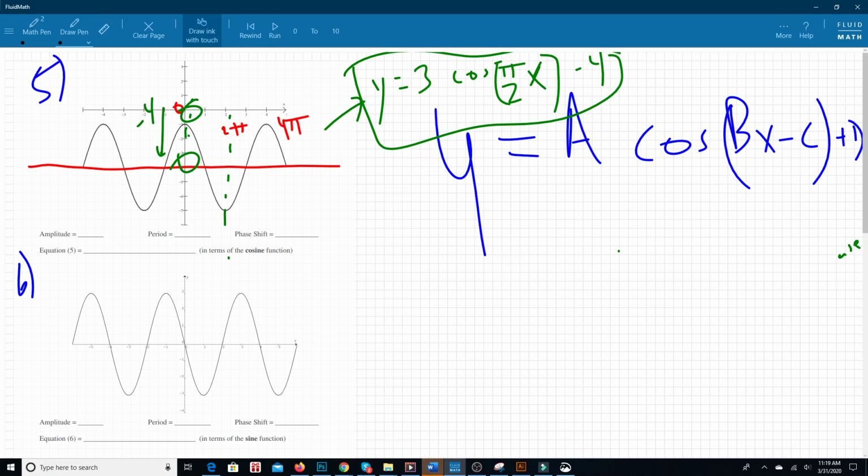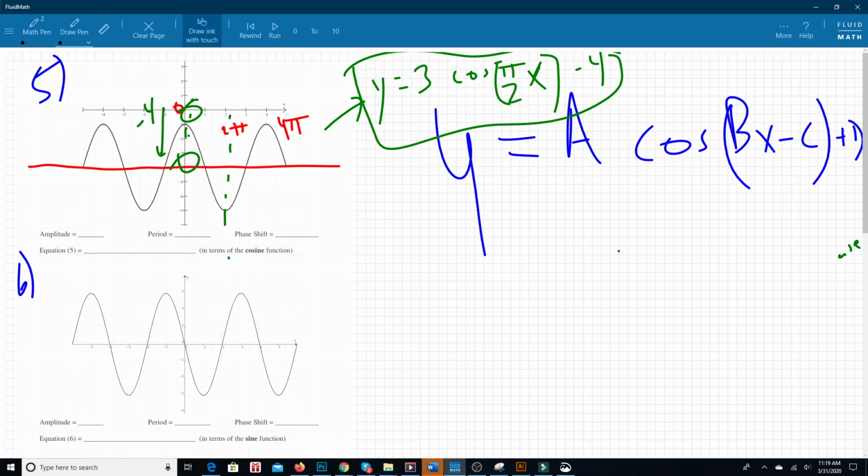Next one says, it gives us this curve right here, right? If you look at this curve, this is looking like it's going to be a sine curve because it goes right through the center axis of 0, 0. The amplitude, we see that the midpoint is normal, which is fine. The amplitude is going to be what? Anybody?